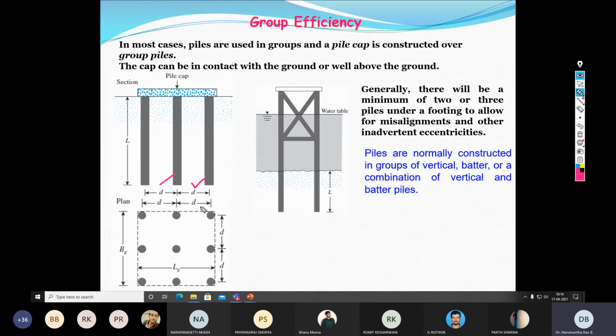The spacing between the piles is the critical factor impacting the pile group efficiency. The further geometrical parameters of the pile group include length of the pile group, that is Lg, and width of the pile group, that is Bg. D is the spacing between the piles.